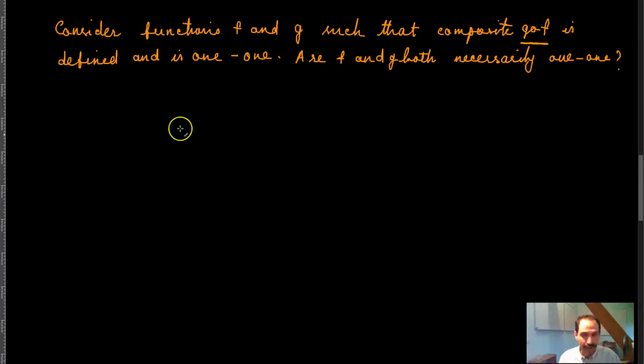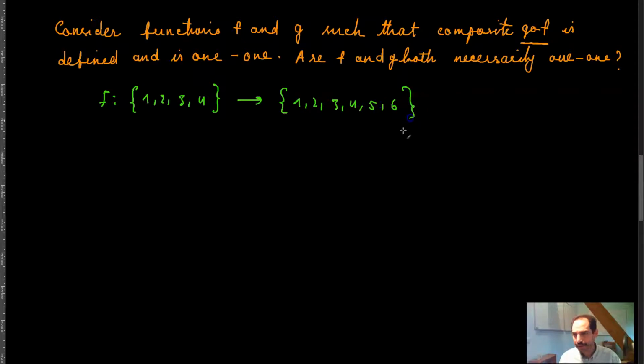What we can do is consider two sets. Let's say that f is a function that goes from {1, 2, 3, 4} to {1, 2, 3, 4, 5, 6}, defined as f(x) = x for all x.